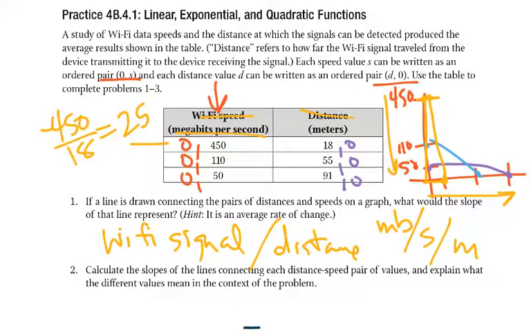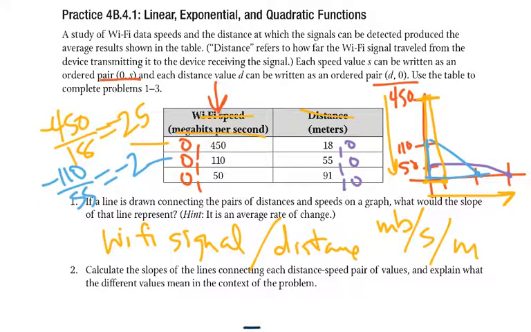For the blue one, we'd go down 110 and to the right 55. So negative 110 divided by 55, which would be negative 2. This should have been a negative 25. So in the context of this one, we'd be going down 2 megabits for every meter.